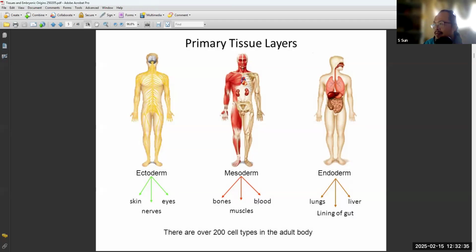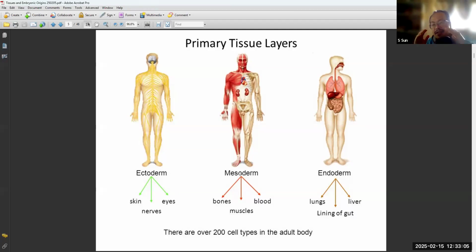You also have blood vessels, that's smooth muscle, and also blood, and also the heart. And the kidney, you can see here, these are all highlighted here. Kidney is also important for our fluid management. So all these come from the mesoderm.